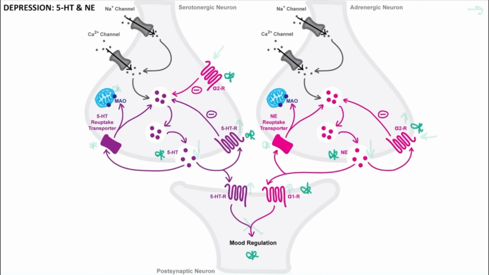And this can be through presynaptic autoreceptors, so for example, norepinephrine acting on adrenergic neurons to turn off norepinephrine release, or on heteroreceptors, so norepinephrine acting upon our alpha-2 receptors on serotonergic neurons to turn off serotonin release.